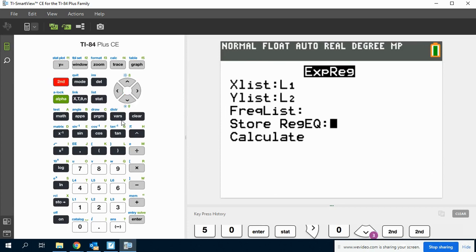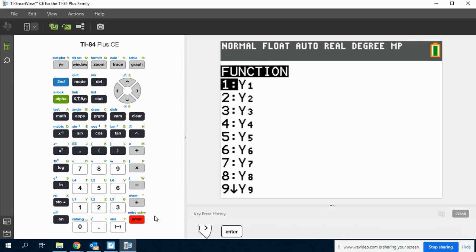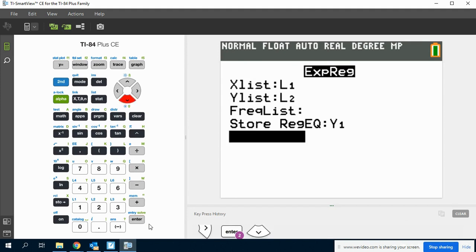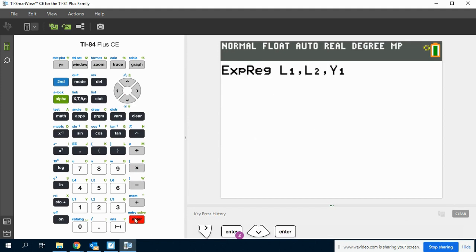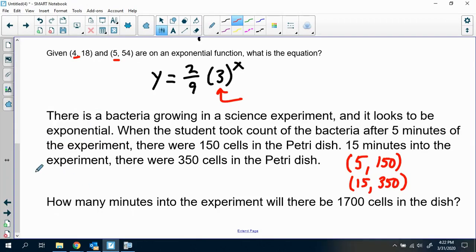I will store this in my y equals, as I may need it to answer the next part of the problem. I get 98.19805061 times 1.08842292 to the x. Now, one thing that's kind of important is that we don't want to round right now, because we're doing an exponential growth problem.